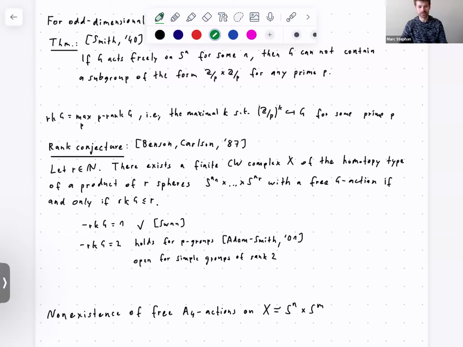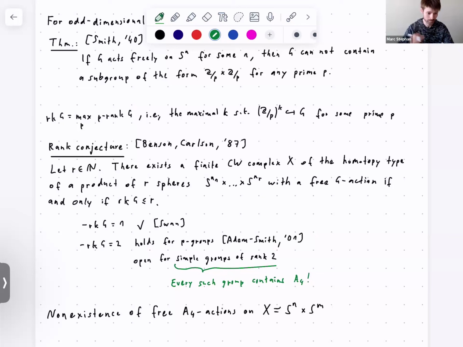Now, if you look into the classification of the simple groups of rank 2, you learn that every such group contains A4 as a subgroup. And this is one motivation to look into A4.